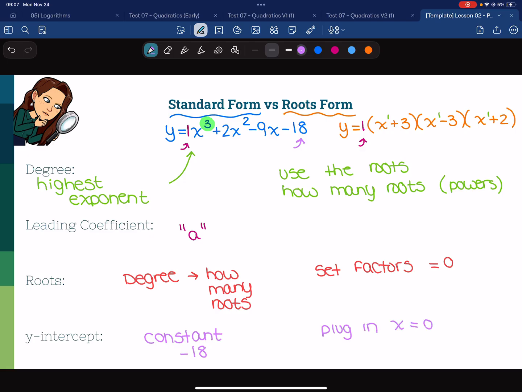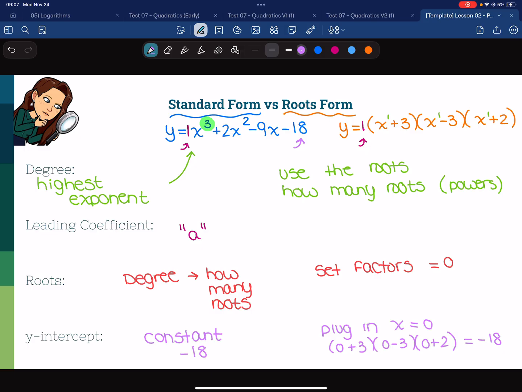So we plug in x equals 0 there, because then we'd have a 0 plus 3 times a 0 minus 3 and a 0 plus 2. And when I multiply that 3 times negative 3, we get negative 9. Times 2 is going to get that negative 18 as well. So depending on which form you have each piece in tells you how easy you can find certain factors or ideas about the polynomial in question.